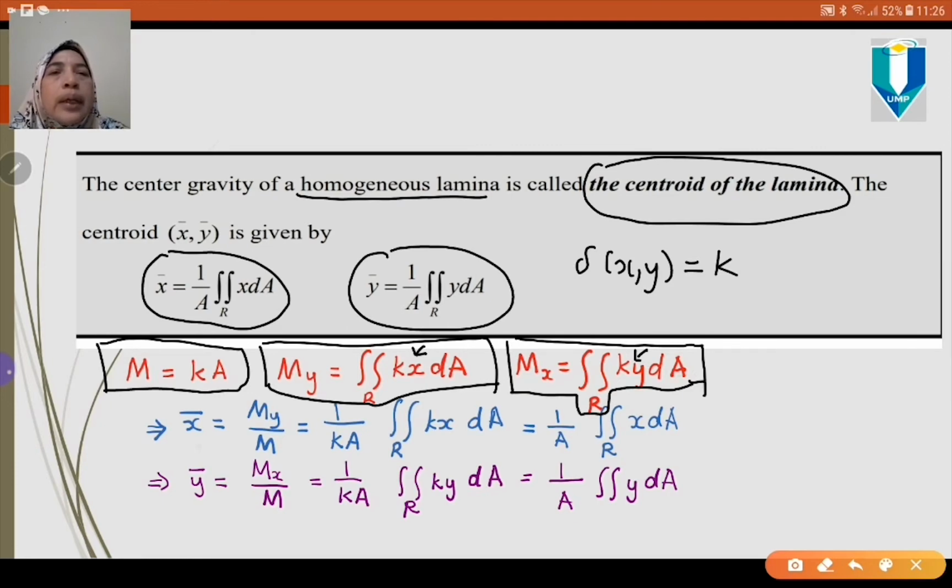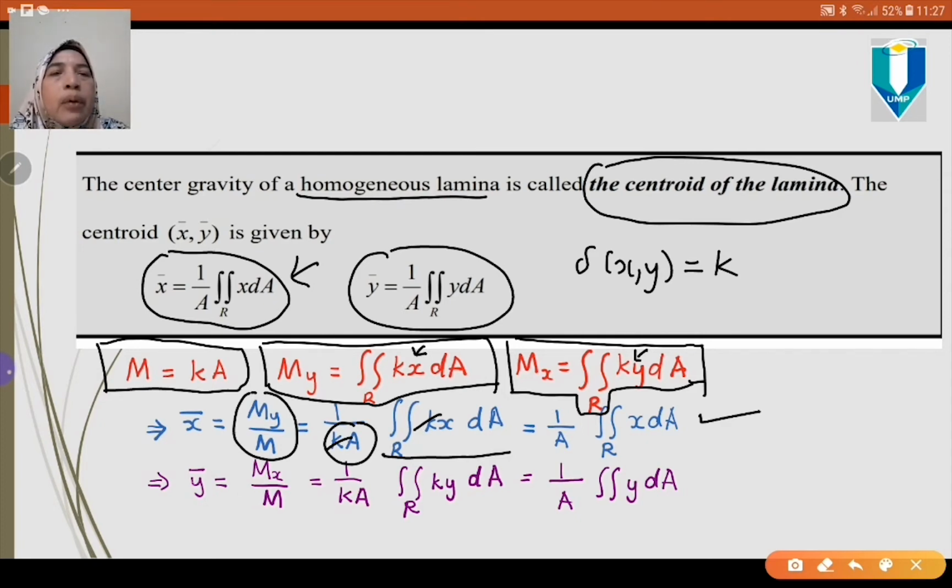When you calculate the center of gravity of the homogeneous lamina, you use that formula for x bar. You substitute values for m and the moment about the y-axis. You notice that the k value cancels off, and you get a value which is actually the same as the centroid of the lamina for x bar.